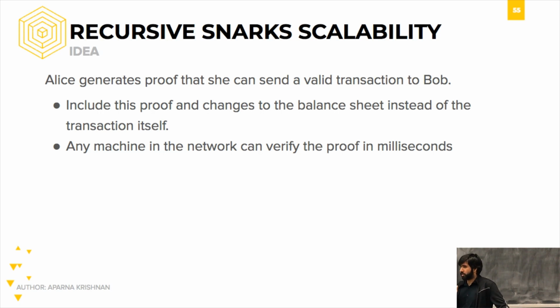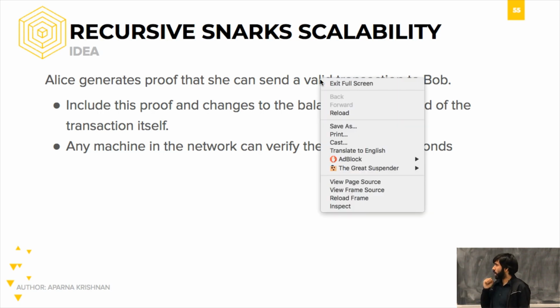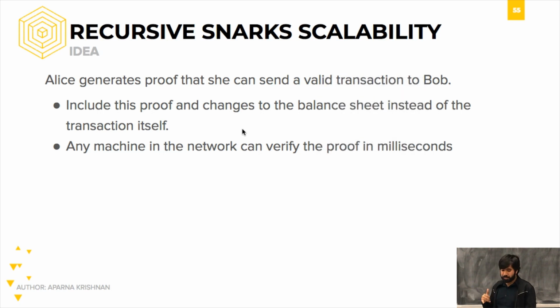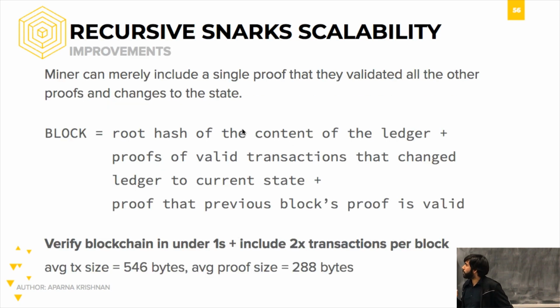The reason why this is good for scalability is not because of the zero-knowledge part, but because of the recursive aspect of these proofs. Right? Because consider again, if a miner is looking at all these proofs, they're validating them, they have to do one of two things. They either show that all these were valid, or they have to submit some kind of proof that they were valid.